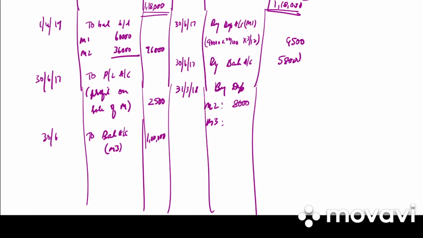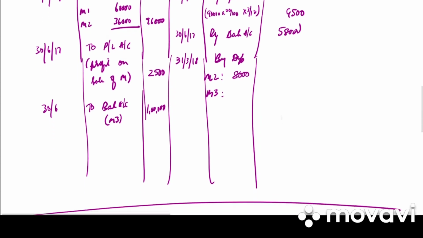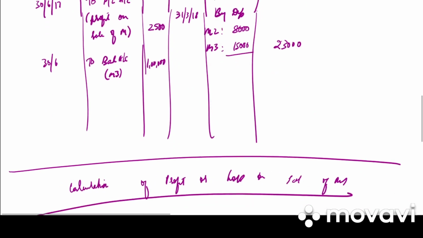Machine 3 is 1 lakh into 20 by 100 into how many months? July, August, September, October, November, December, Jan, Feb, March, 9 months. So it is 1 lakh into 20 divided by 100 into 9 divided by 12. We get 15,000. Total is 23,000.